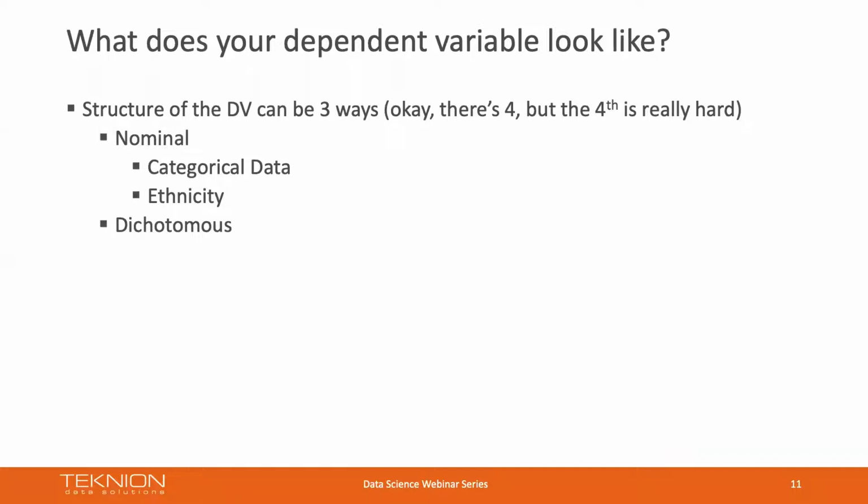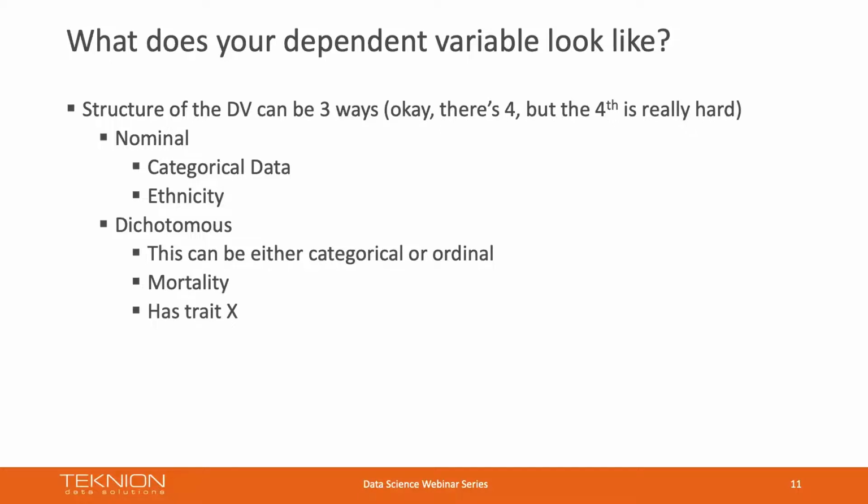Now, if our data is dichotomous, this really is categorical data, meaning did you live or did you die? But there are certain ways that we can run dichotomous data. Even though it could be categorical, it could be ordinal. It could be a yes or no answer. It could be mortality, or whether or not they were readmitted to a hospital, or just whether or not they have a specific trait.